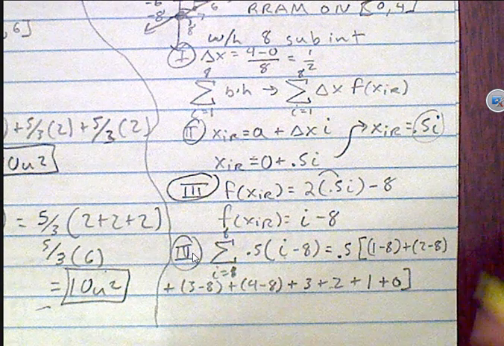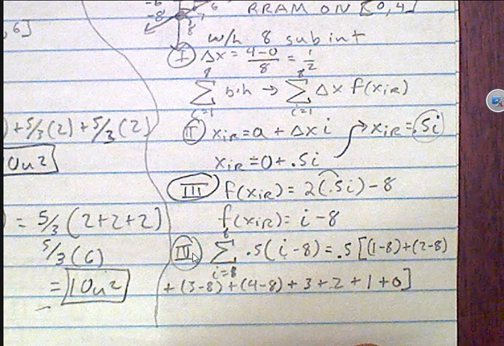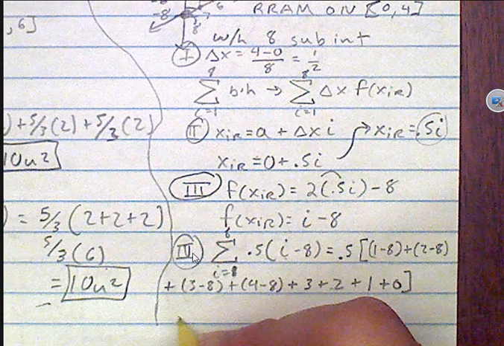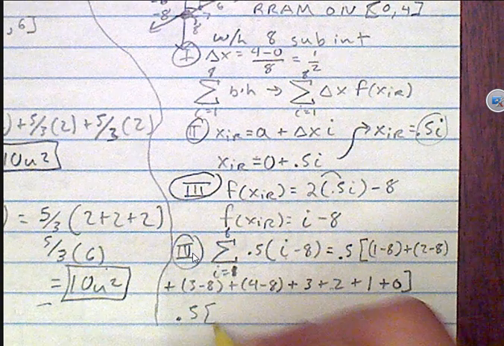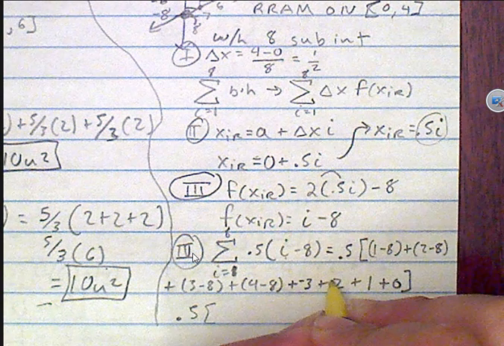Okay, so this is really 0.5 times, sorry, actually that's negative 3, negative 2, and negative 1, my bad.